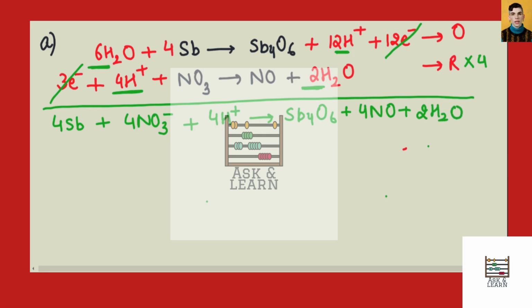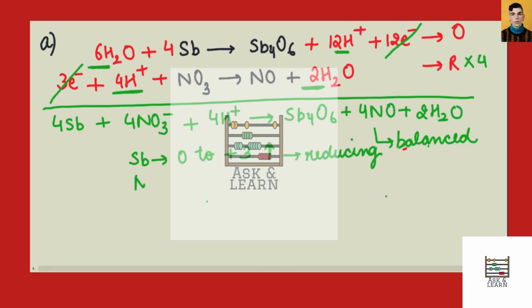So since it's the acidic medium, we leave the reaction here, so it's balanced now and we don't have to add any hydroxide ions because it's the acidic medium. Now if you see, the oxidation state of antimony goes from 0 to plus 3. So the oxidation state is increasing, and that's why it's our reducing agent, because it's reducing others, thereby oxidizing itself.